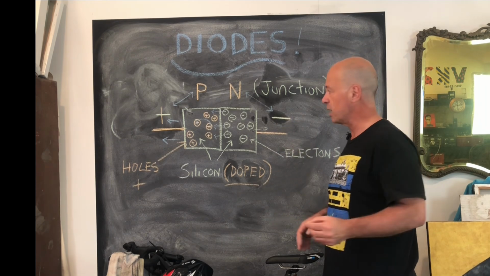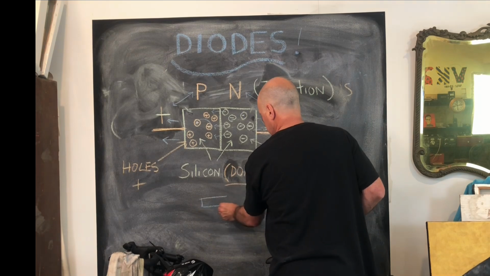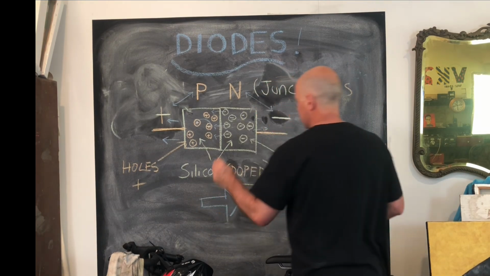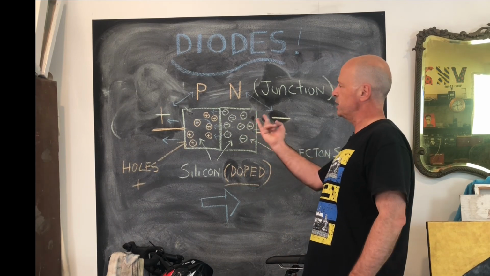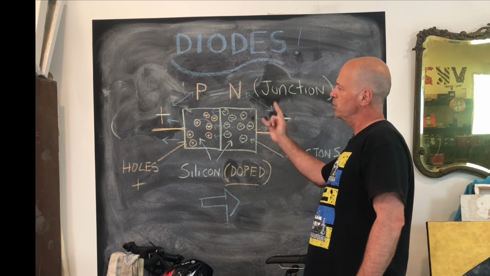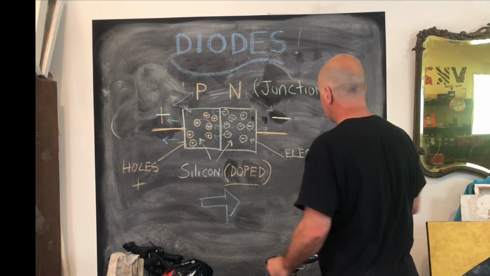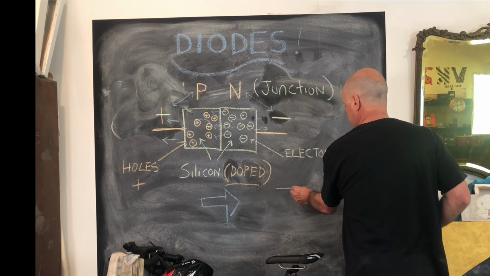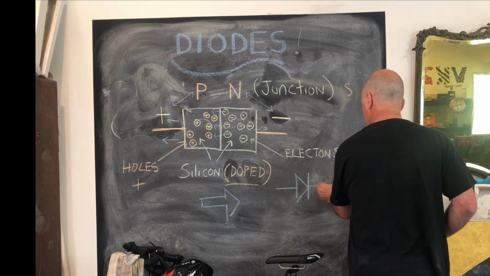So the conventional current flow is in this direction, and the diode is now conducting. Swap polarities, diode stops conducting, put it around the way we have it here, the diode conducts. And so this PN junction has, as we said before, a schematic symbol that looks like that.